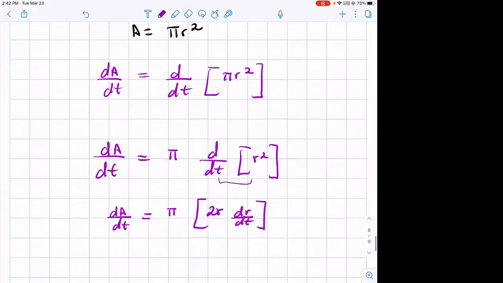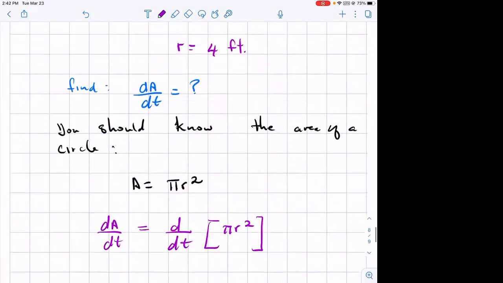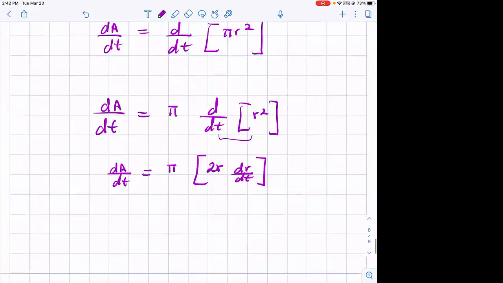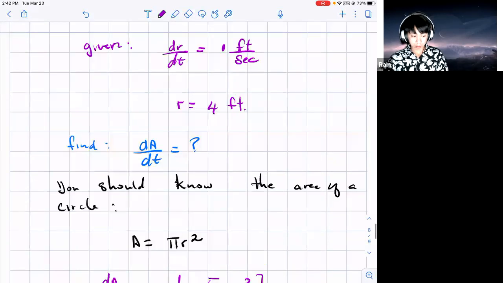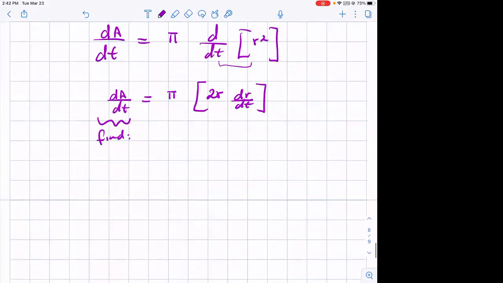So what is given here? We want to find the dA dt. So this is what we want to find. The dr dt is 1 and r is 4.